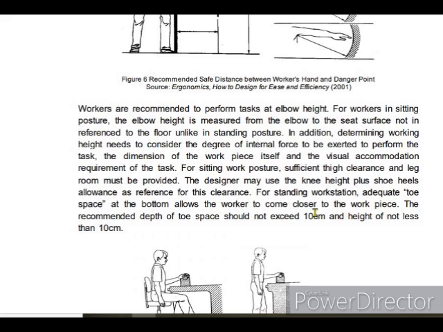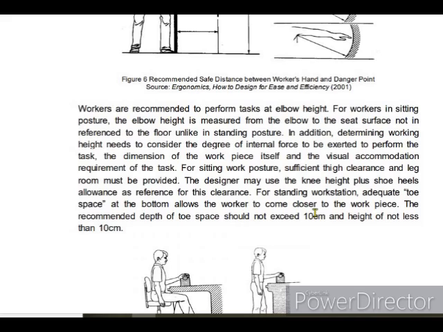For seating work posture, sufficient thigh clearance and leg room must be provided. The designer may use the knee height plus shoe heels as allowance, as reference for the clearance.